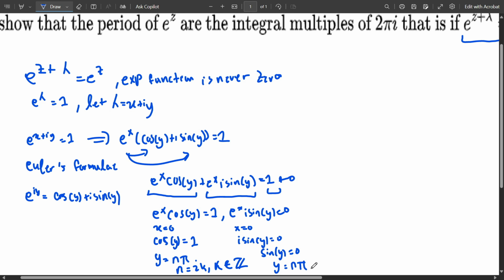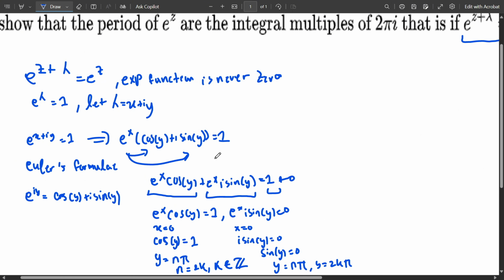Okay, since we already have n equals 2k, that means y equals 2k pi.